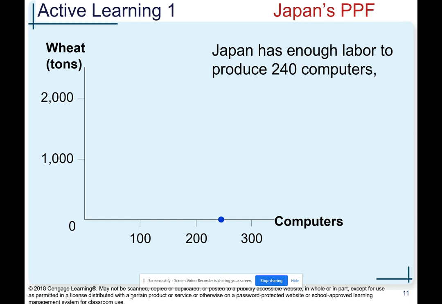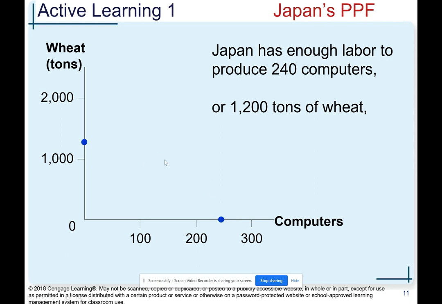The first point looks like this: 240 computers can be produced with 30,000 labor hours. How did we get this? The 30,000 labor hours divided by 125.